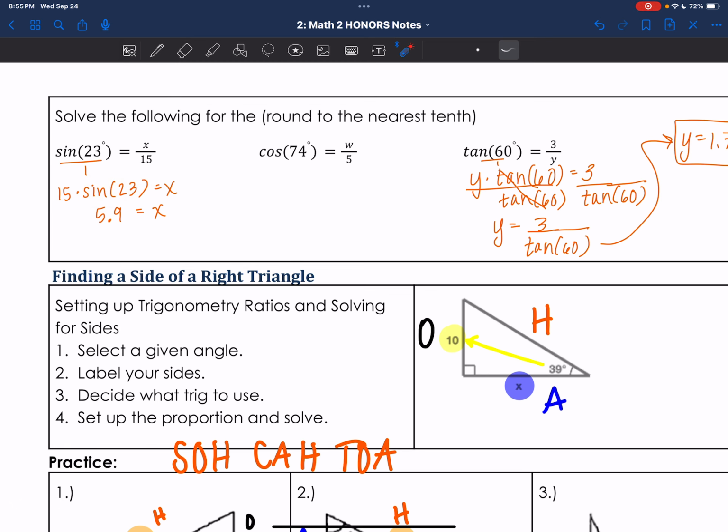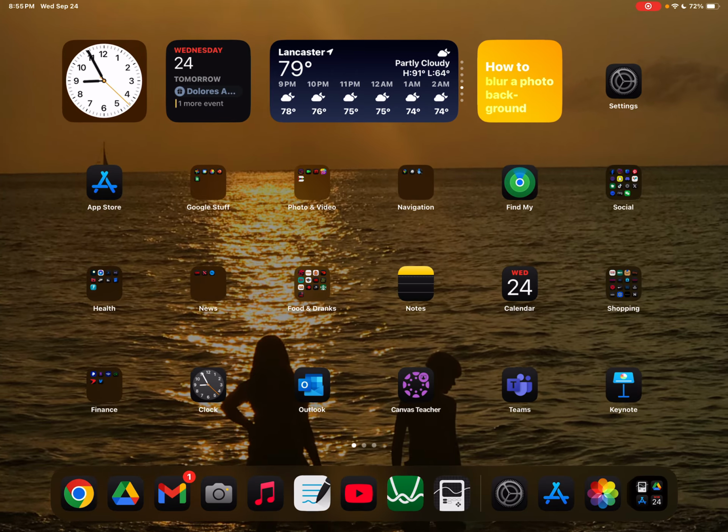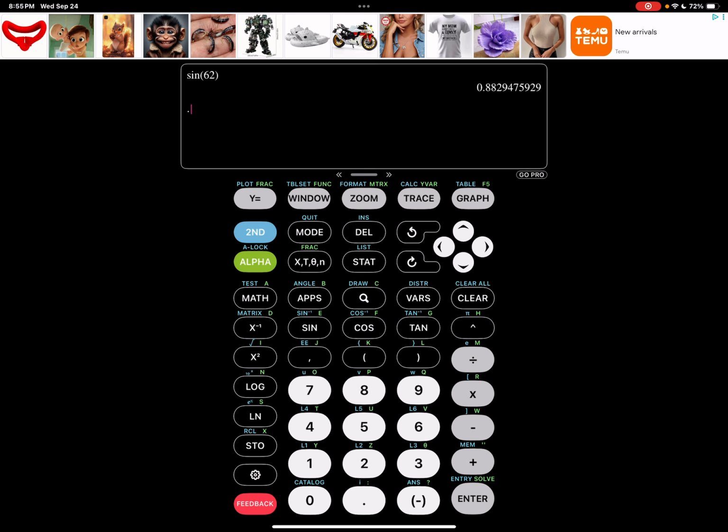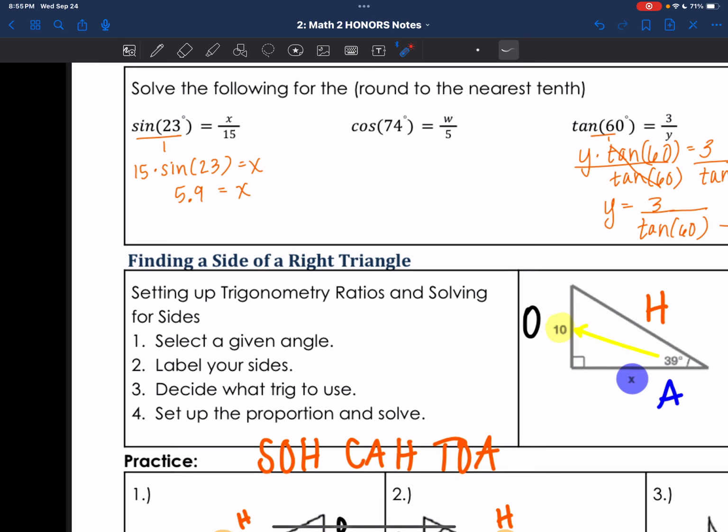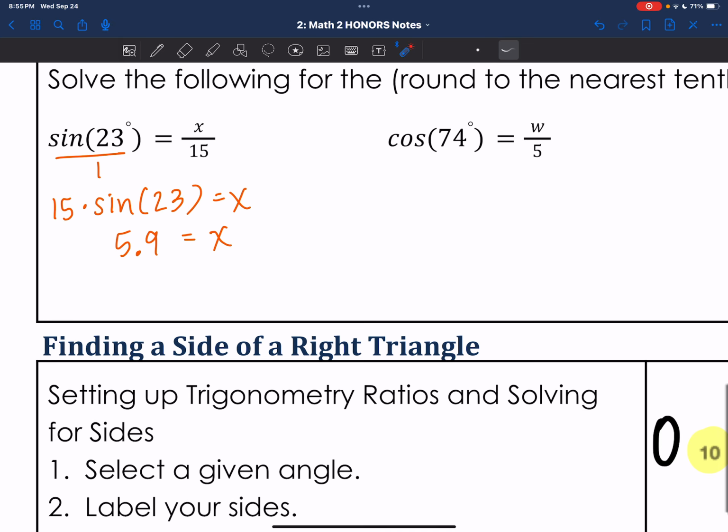Enter that into your calculator: 15 times sine 23 equals, and you get 5.86. We rounded that to 5.9.